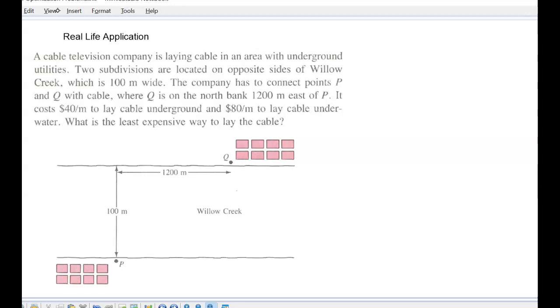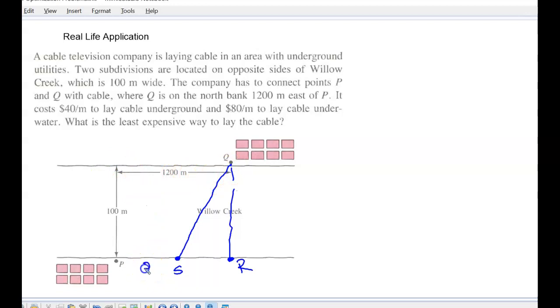Okay, so what we're going to do is set up a situation where they go partially underground to some point S, and then from S they go across here to Q. I'm just going to draw in a dotted line here because we know this whole distance, and we'll call this a point across from Q, R. We know PR is also going to be 1200, because it's the same distance as this side on this side of the river.